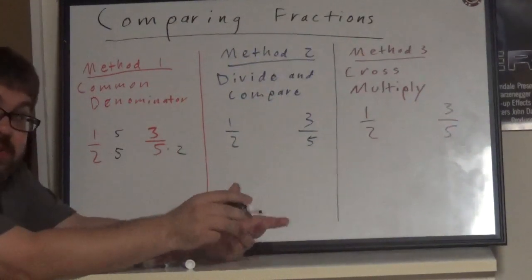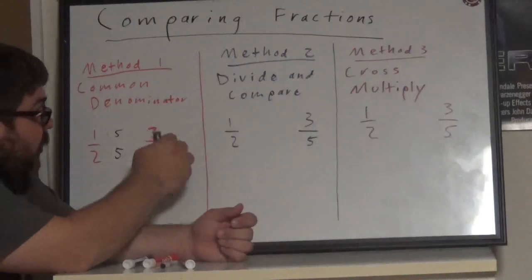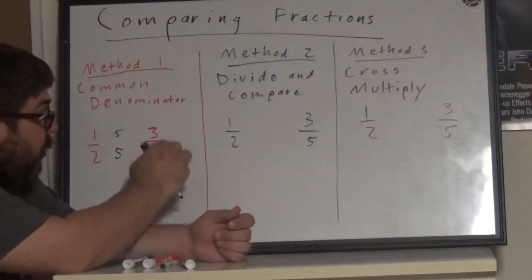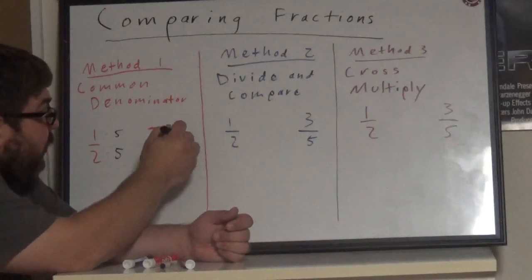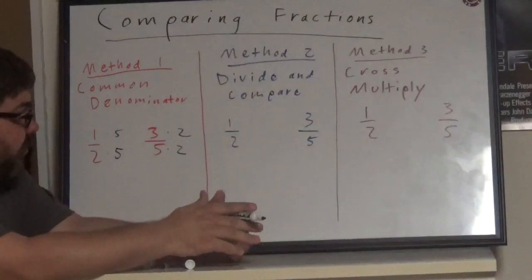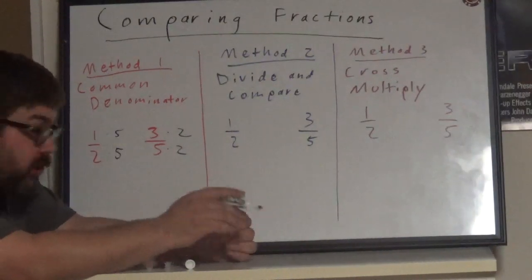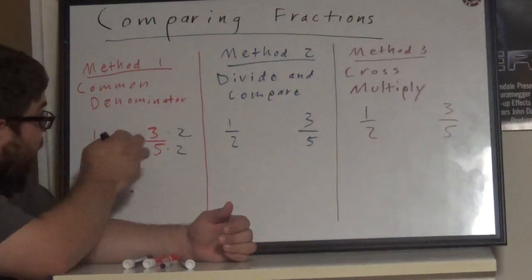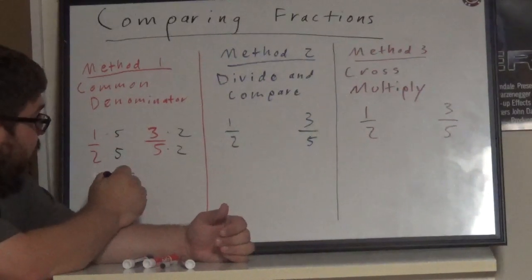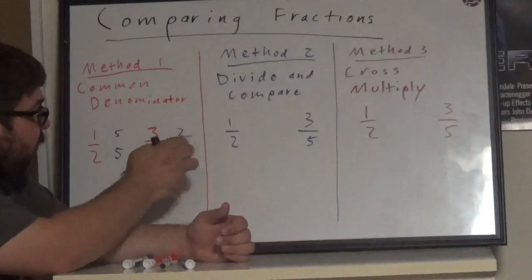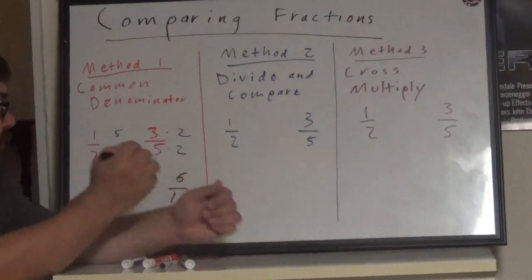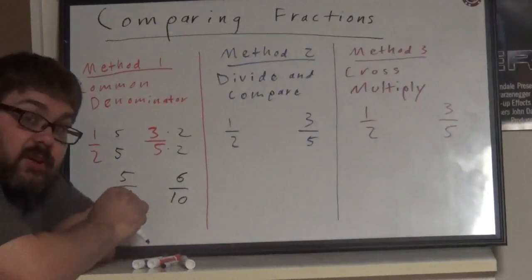Same thing for the second fraction. So 5 times 2, the denominator times 2, as long as we do the numerator times 2, we're fine. I can do the math on this, which is easy math. 1 times 5 is 5. 2 times 5 is 10. 3 times 2 is 6. 5 times 2, of course, is 10 because we need our common denominators.